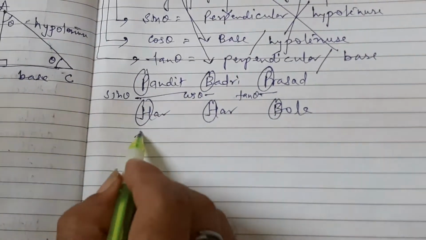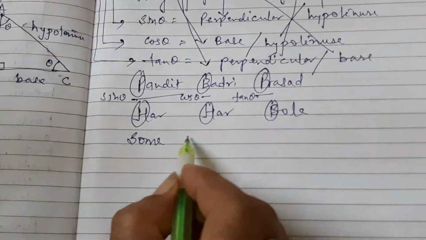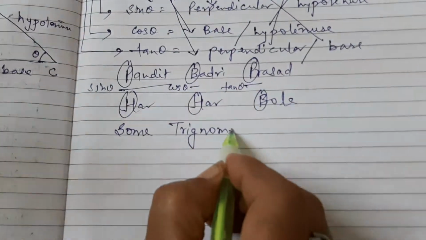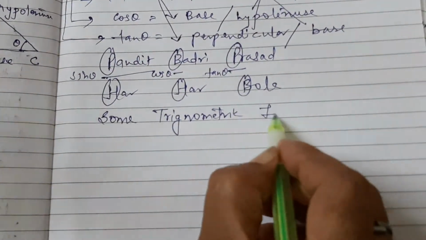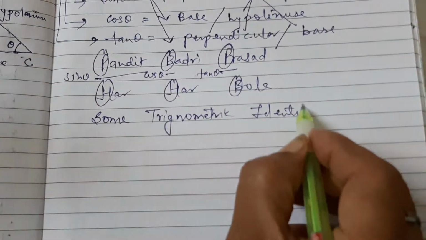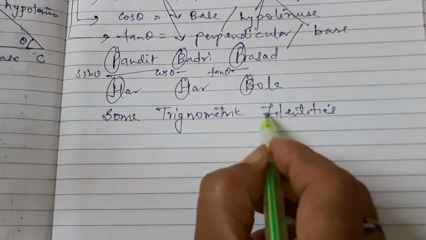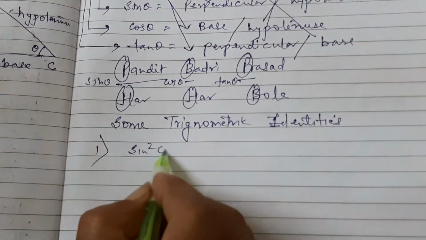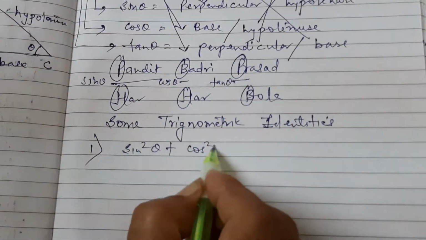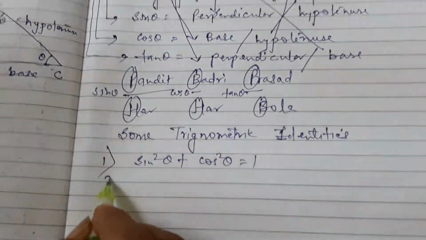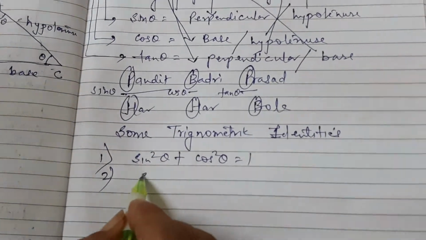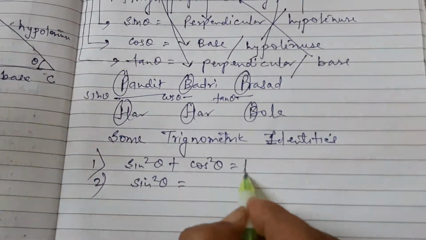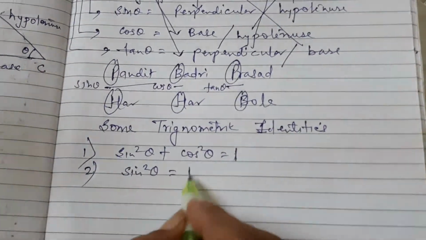Now there are some important trigonometric identities. First one is sin square theta plus cos square theta equals 1. If we want to make the formula of sin square theta, then this plus 1 will be on the right side.